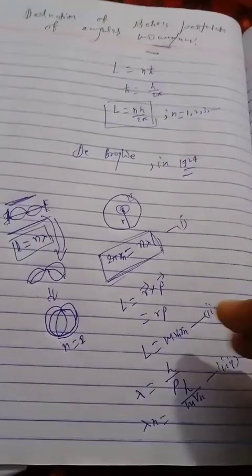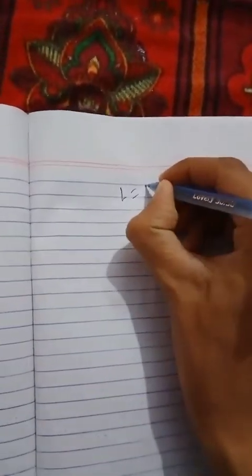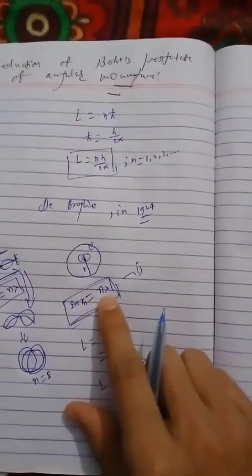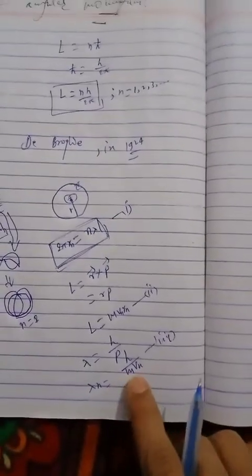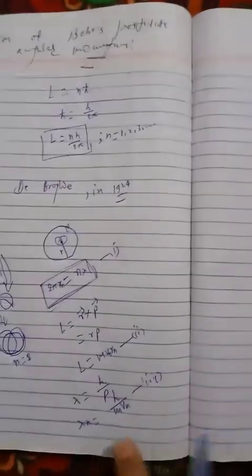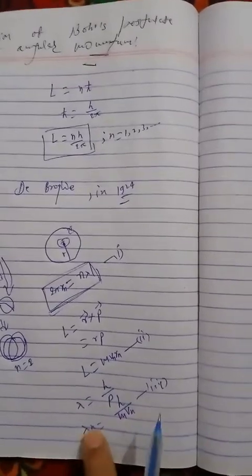Look here, we have m vn rn. From this equation we have rn equal to n lambda by 2 pi, and vn will be equal to h by m lambda.